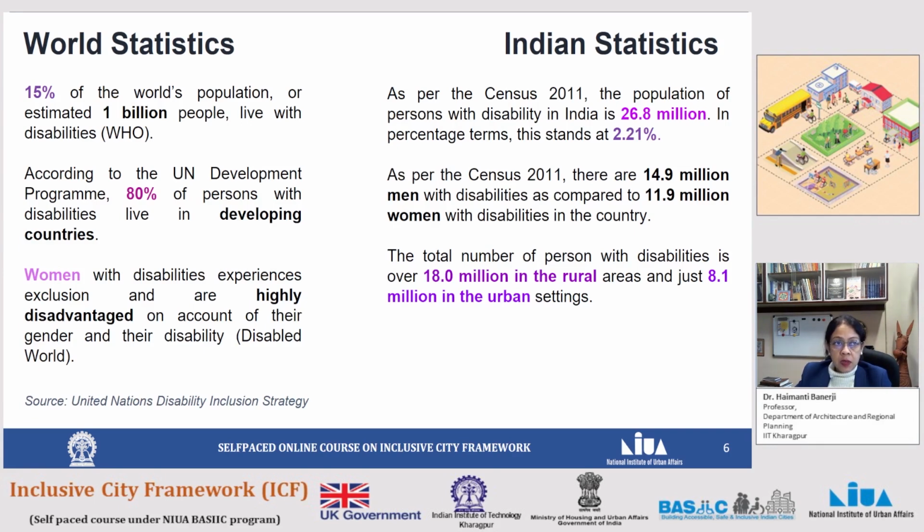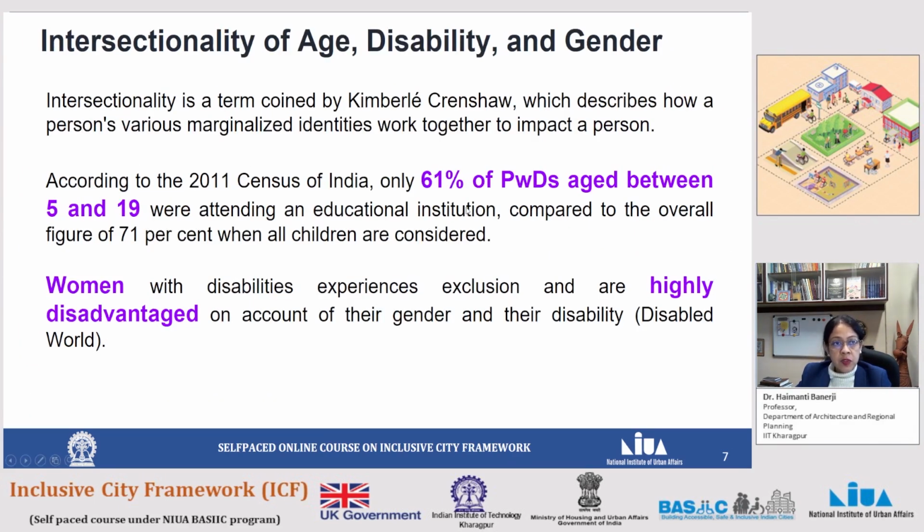The serious concern is that only about 61% of persons with disabilities aged between 5 and 19 attend an educational institution. Also, women with disabilities are at a much more disadvantageous position as compared to men with disabilities. So, the intersectionality of age, disability and gender is very eminent.